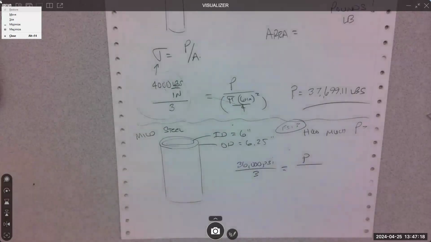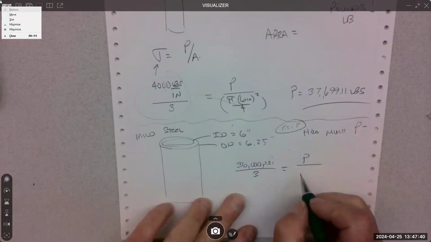So we have to be able to calculate the area, and it's the area of the steel that will carry it. You have to take the area of both and subtract them.